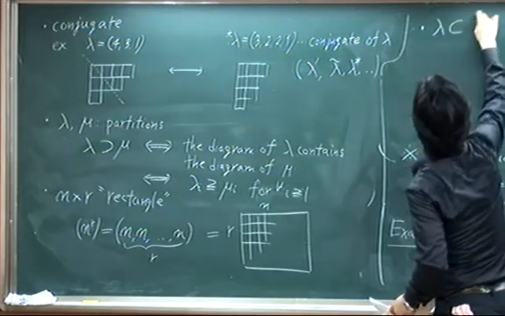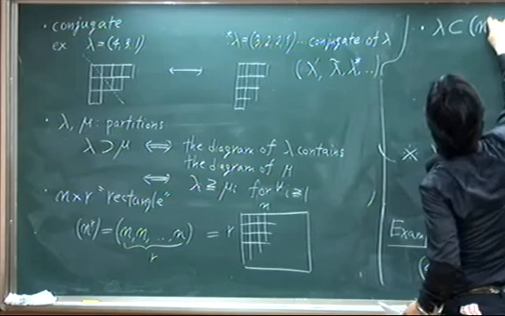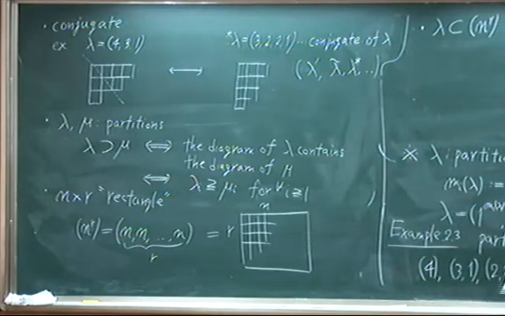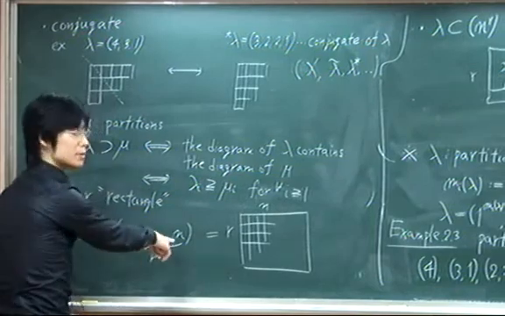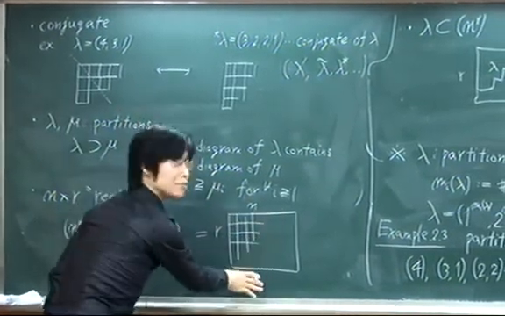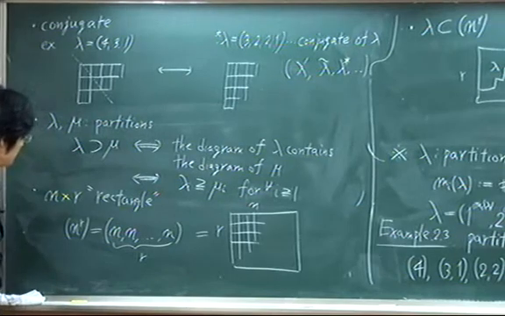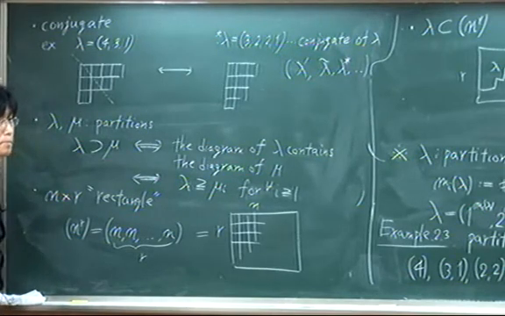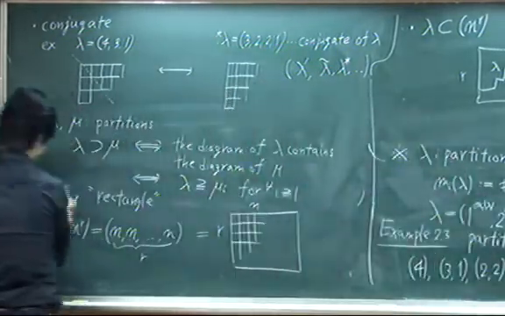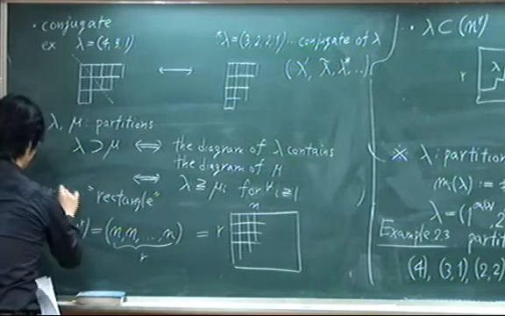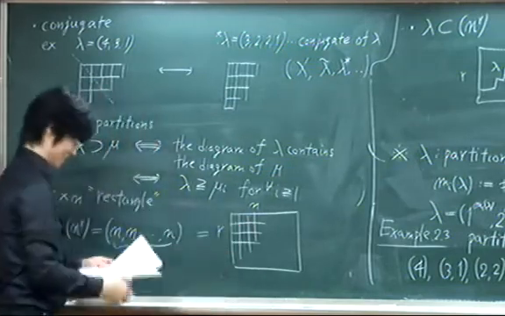When lambda is contained in the rectangle, we define... Is it n times r or r times n? When you write a matrix, you usually have r times n. Sorry, okay.